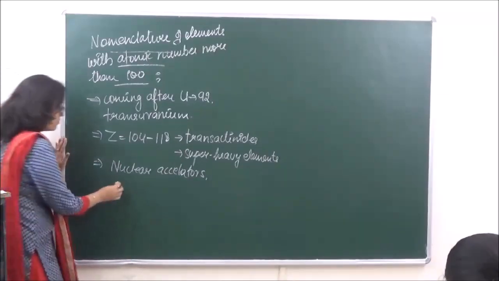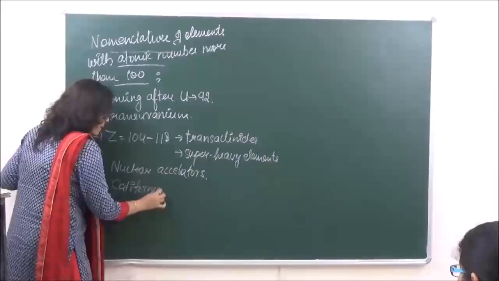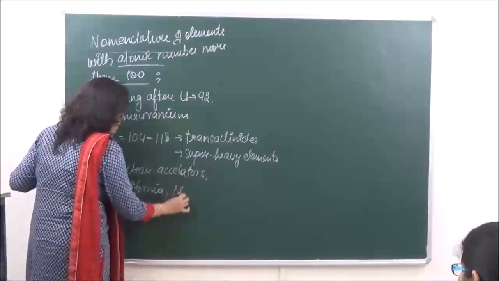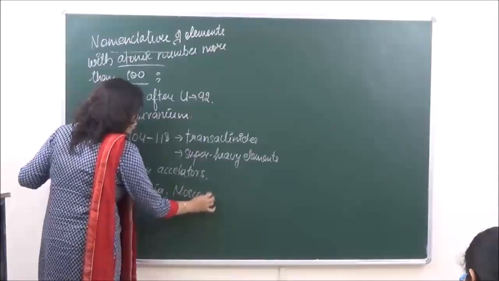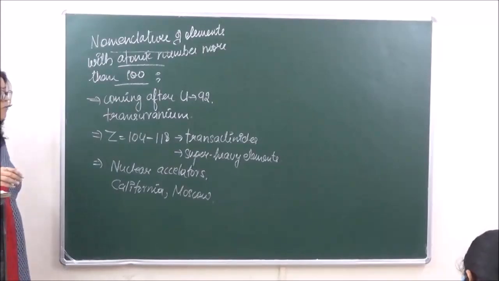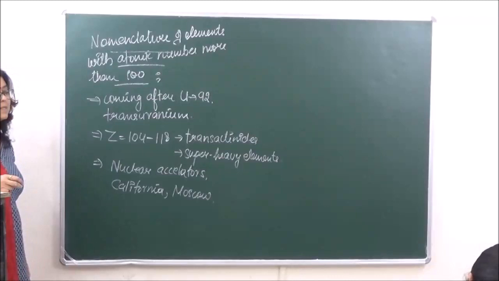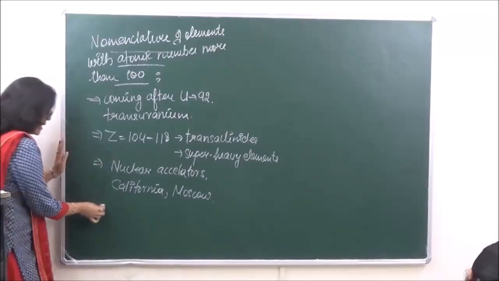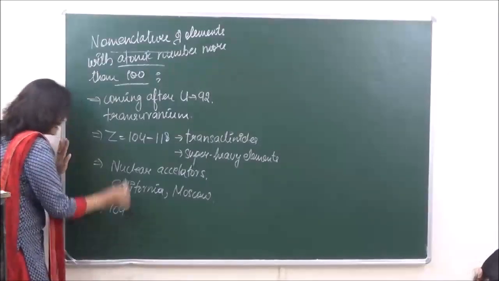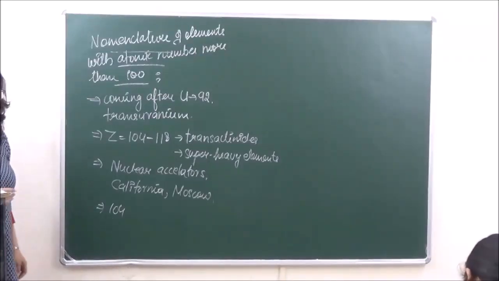One is in California, in USA, and the other one is in Moscow in Russia. These are the only two centers which are making man-made elements by nuclear accelerators.